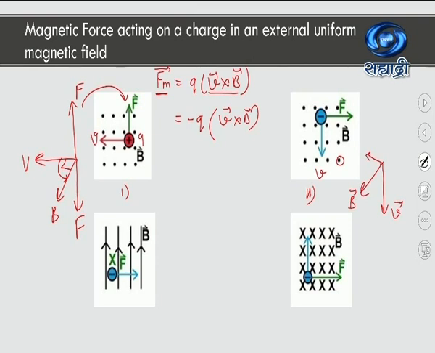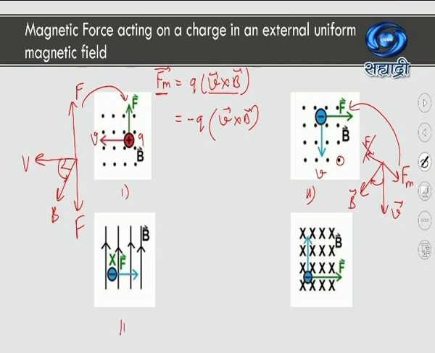You have to use right hand rule from V to B. So this should be the direction if the charge is positive, but the charge happens to be negative in this case. Therefore, this is not the direction of force, but it should be opposite to this. So this should be the direction of magnetic force. And I'm sure this is what has been explained in this case. I will go a little fast in the second case.